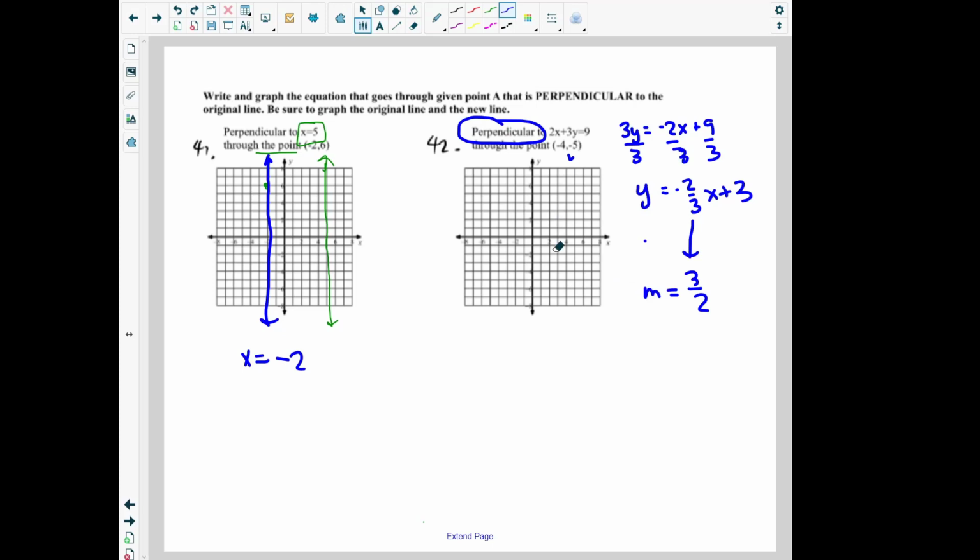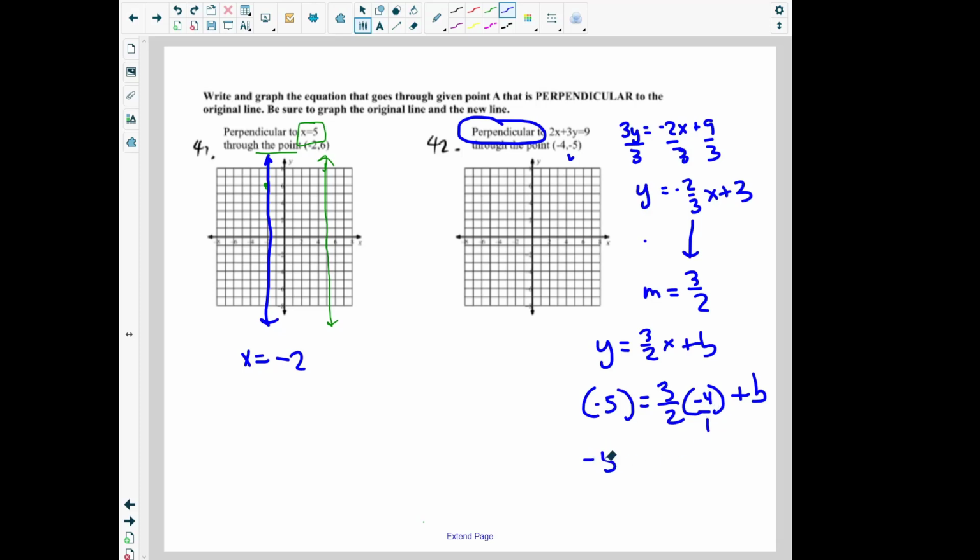And then we need to find b. Because we found the m of our line, we need to find b. So it's going to be y equals 3/2 x plus b. And I'm going to plug in the point -4, -5, which goes in like this. Put this over 1.